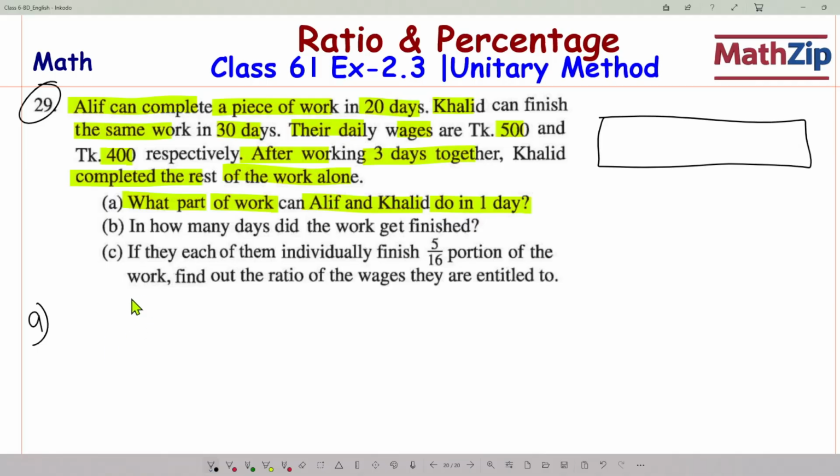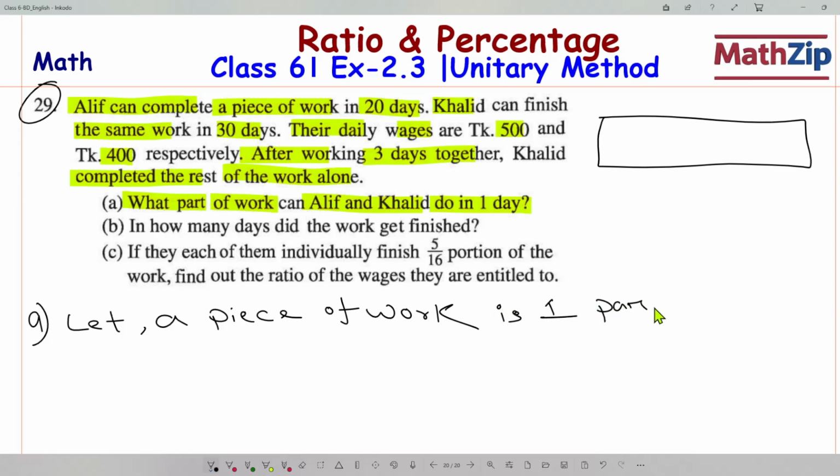So we can say let a piece of work is one part. So we have to find out what part of work can Alif and Khalid do in 1 day.